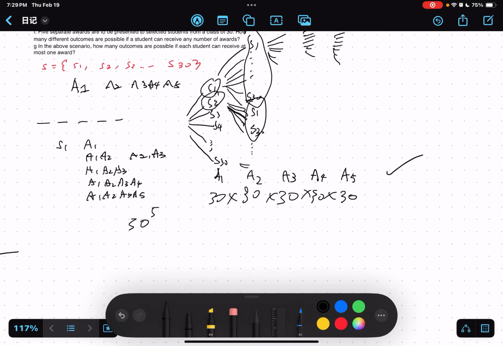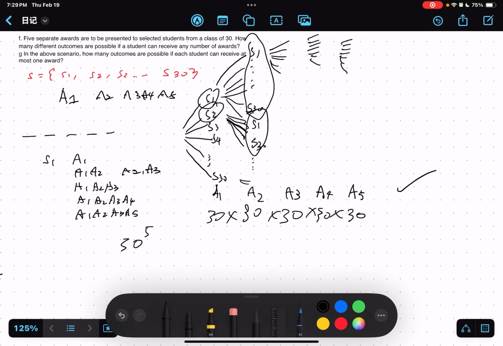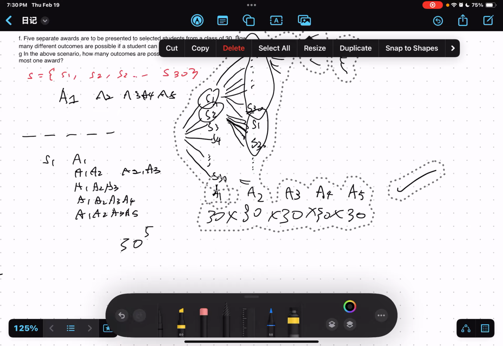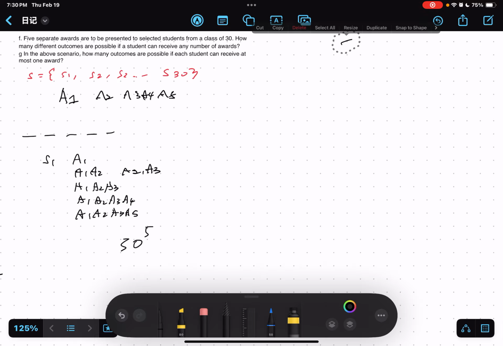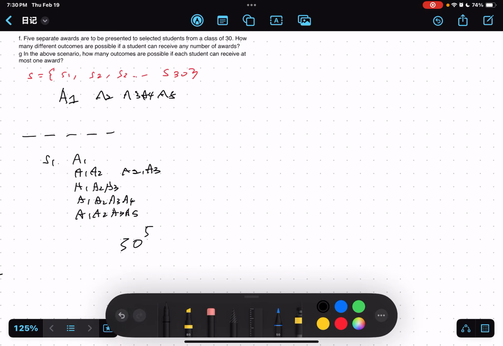And the second one is, in the above scenario, how many outcomes are possible if each student can receive at most 1 award? So it's quite different from the first one. At most 1 award means that if S1 chooses A1, it cannot choose A2, A3, A4, or A5.